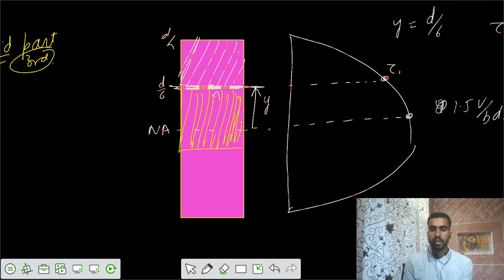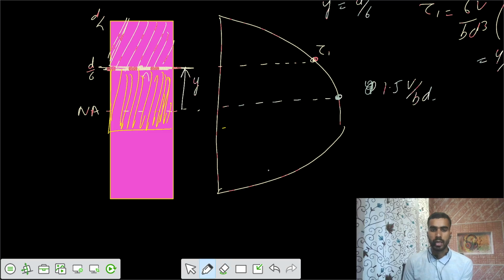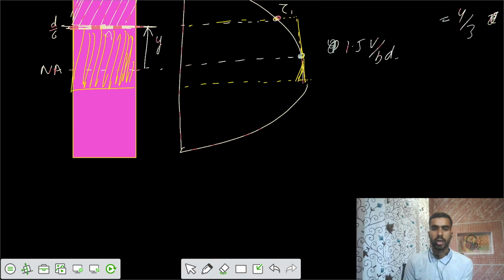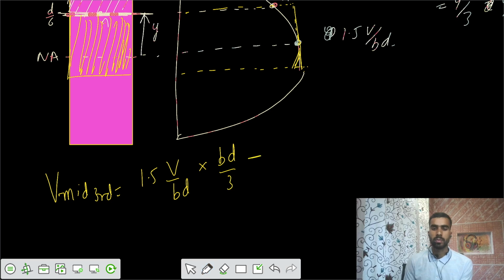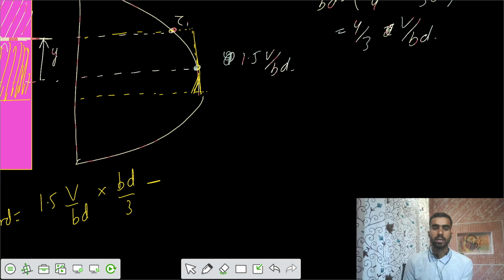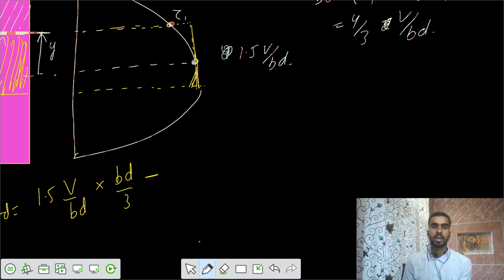Let's assume the shear stress is a constant value of 1.5 V by BD. So the shear force resisted by the mid third equals 1.5 V by BD, the shear stress, into the area of BD by 3, minus those spindles. Those spindles you have to subtract.